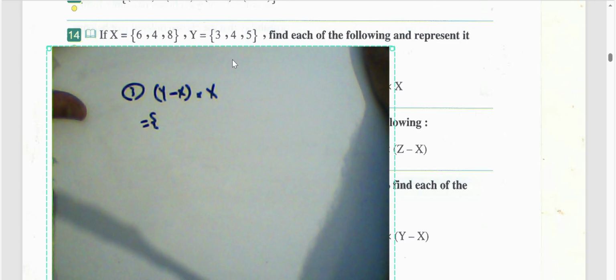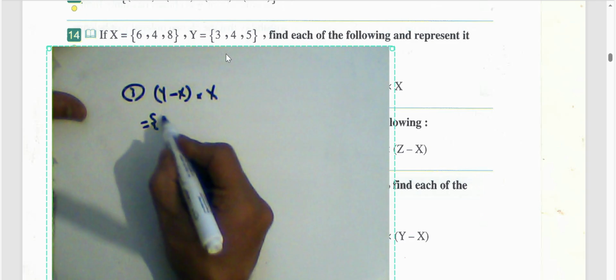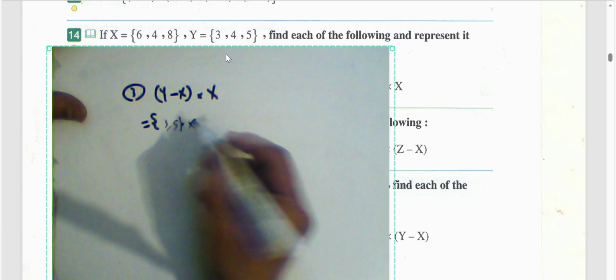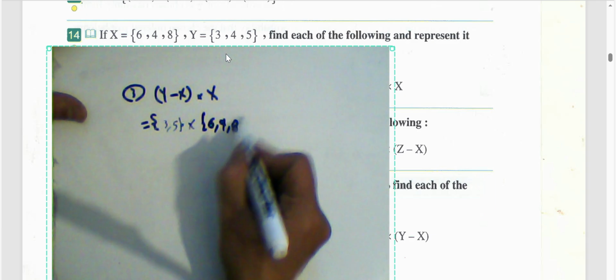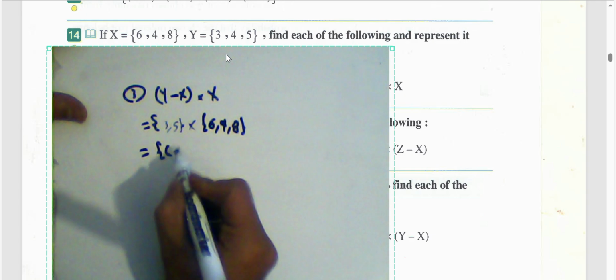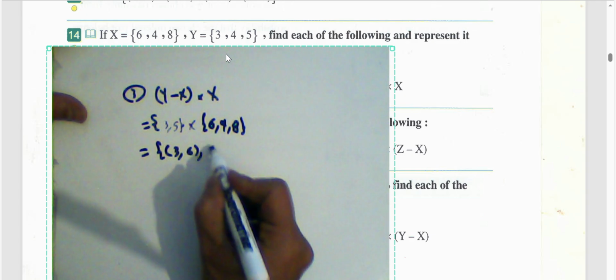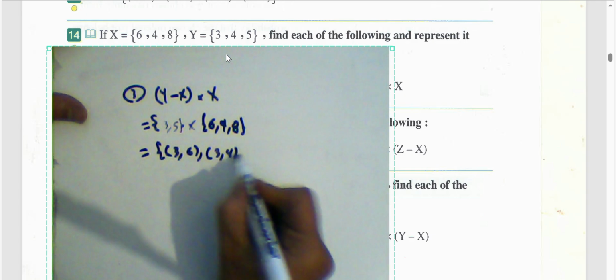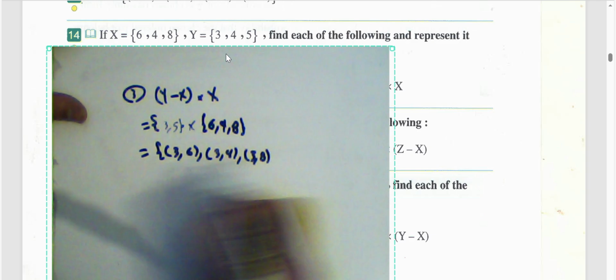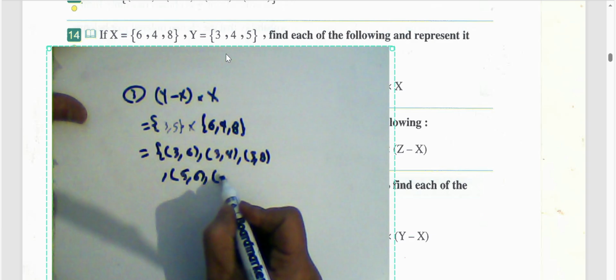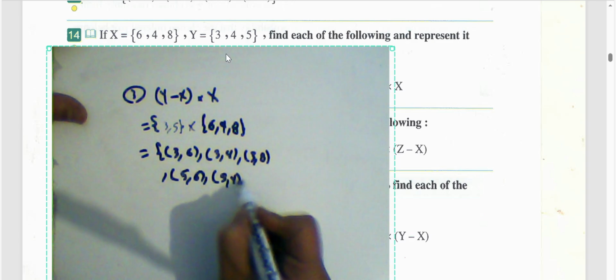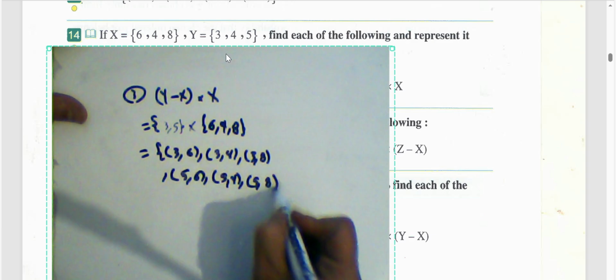Then y difference x, it will be 3 and 5. Cartesian product by x. X was 6, 4 and 8. Then the solution, 3 with 6, 3 with 4, 3 with 8, and then 5 with 6, 5 with 4, and 5 with 8.